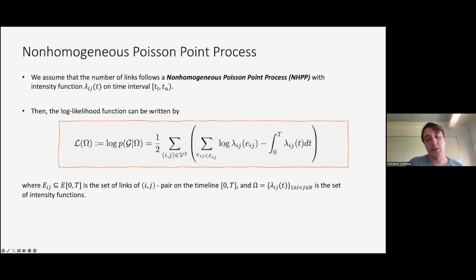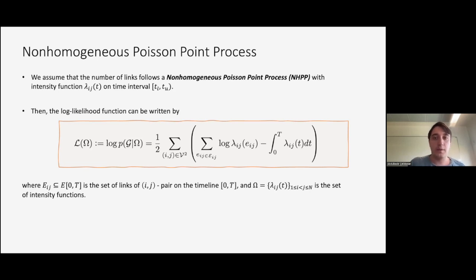But we also assume that the linkage pattern between nodes i and j might change over time, so the intensity of the interaction between nodes might also change over time. This intensity parameter, lambda ij, will therefore depend on time t.